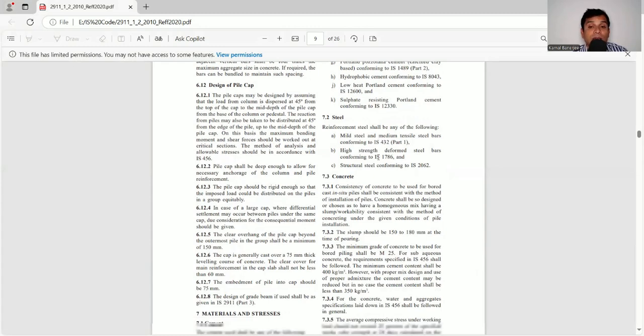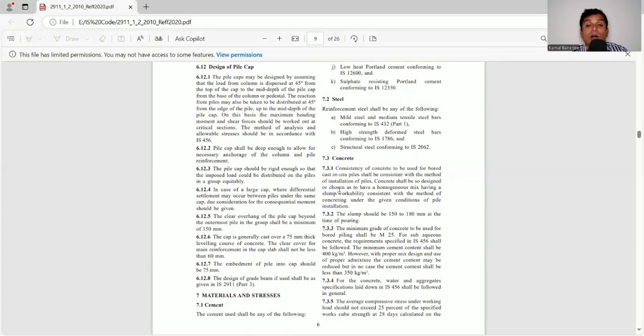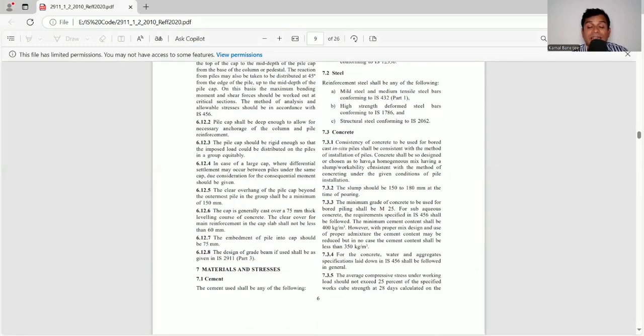Then concrete. Here it is a catch. What type of concrete are we using for the DMC bore pile? We cannot do the vibration because it is underwater inside the excavated bore. So we need a special type of concrete so that there will be no honeycomb, no bleeding, no segregation. The consistency of the concrete to be used for bored cast-in-situ piles shall be consistent with the method of installation of piles.